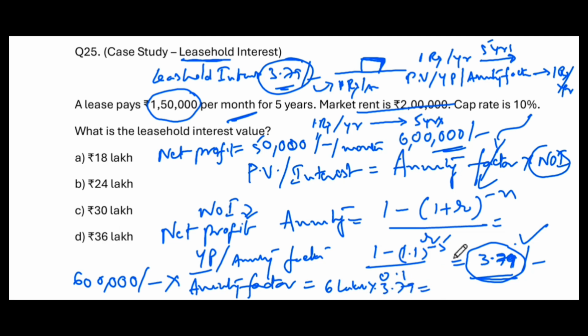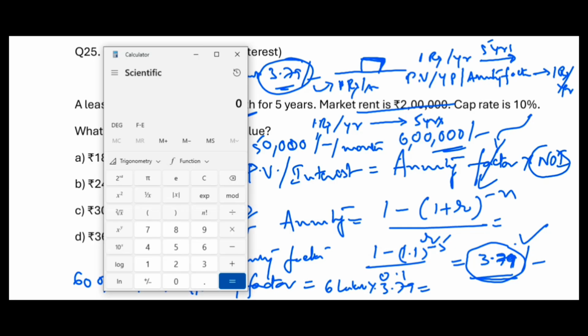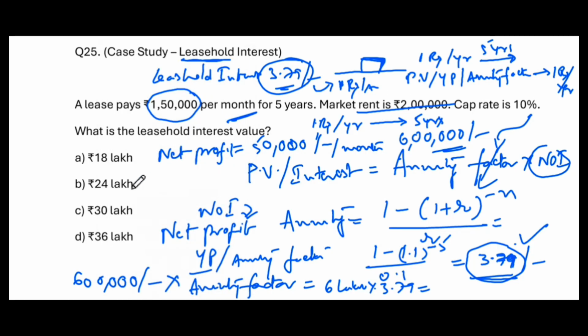How much? 22.74 lakhs. So there is no exact correct value; approximately this will come to say 24 lakhs. So understand the concept rather than just the calculation.